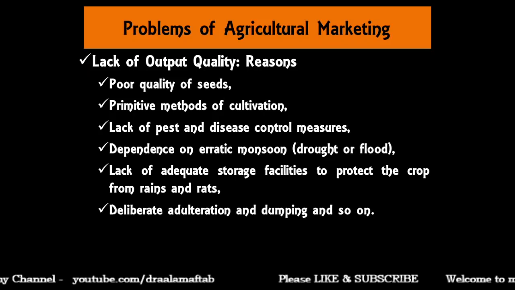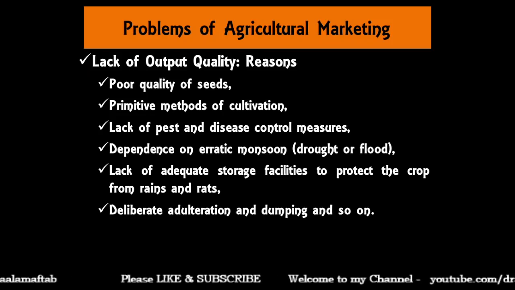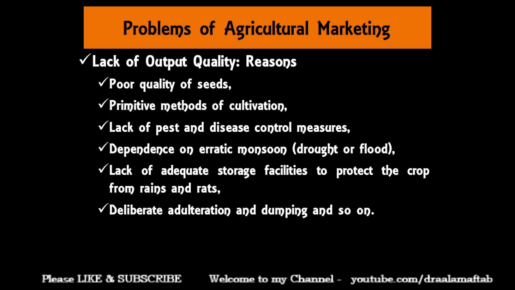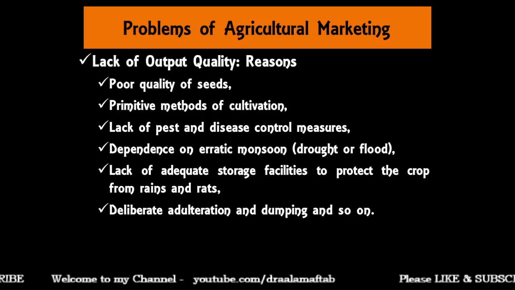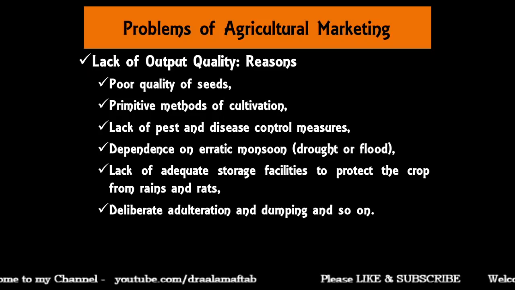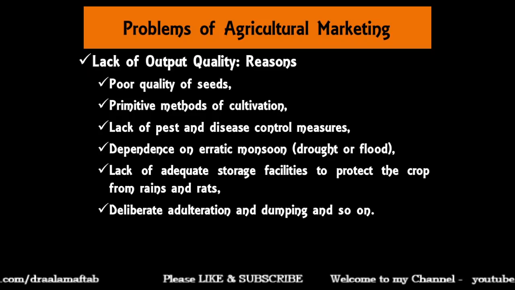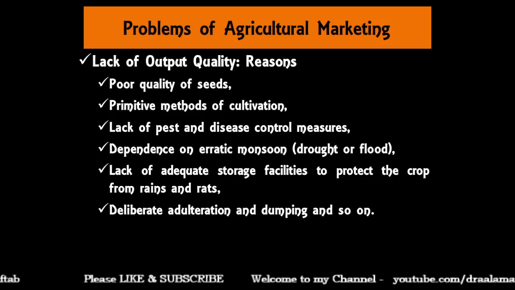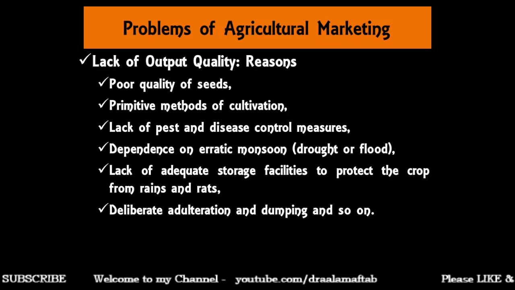The next reason is deliberate adulteration and dumping. Most of the time, many farmers deliberately, intentionally mix up low quality goods in the high quality products. Because of this mixing, the quality of products goes down.